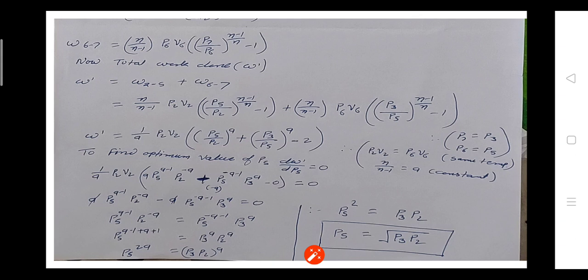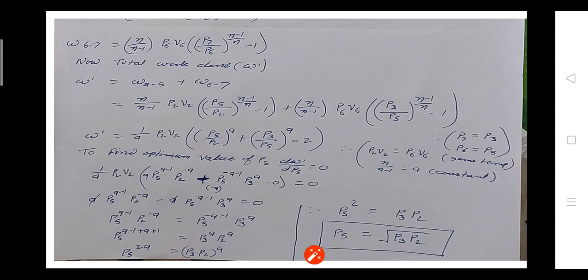W dash, the total work done, equals the work done during the process 2 to 5 and the work done during the process 6 to 7. You can add these equations. Now, next step, I am taking a constant: n minus 1 upon n is equal to a.